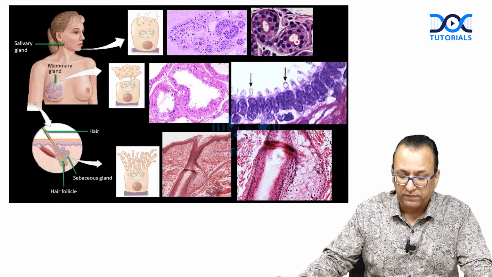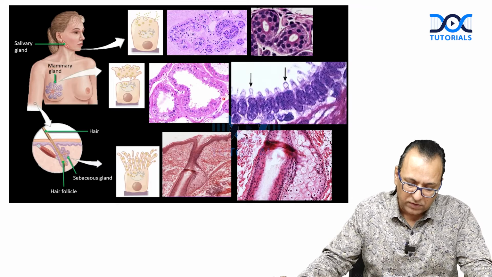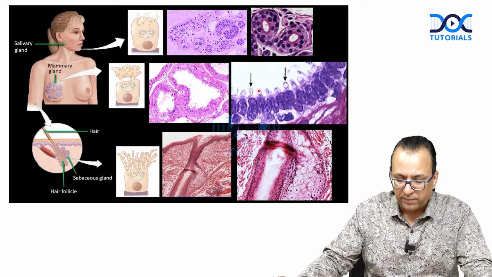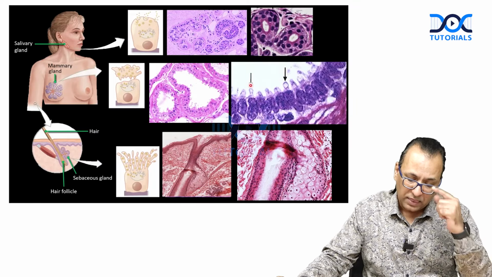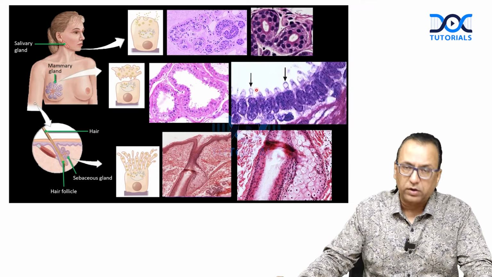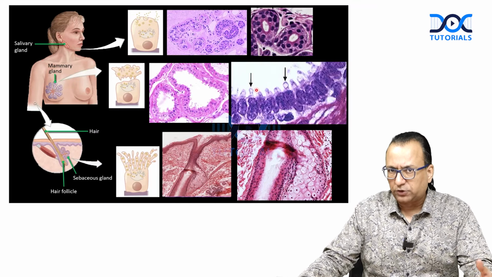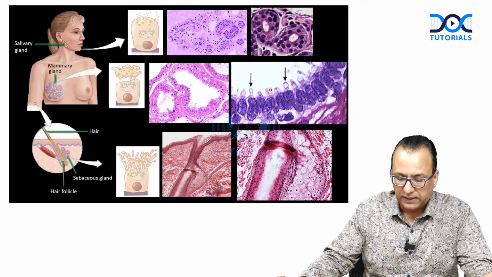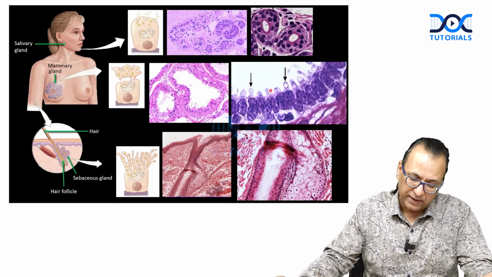But if you compare with the apocrine variety, first of all, you see the lumen has become larger, and the lining is not smooth because there will be breaks in the cell membrane. As you see here, there are blebs formed and those blebs are covering the secretions. Like we told that if we are talking about a modified apocrine sweat gland like the mammary gland, when we are talking about the lipid secretion, it was the secretion being covered by the apical cell membrane.